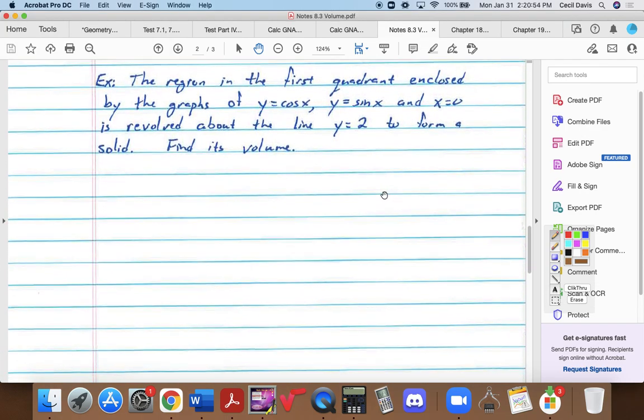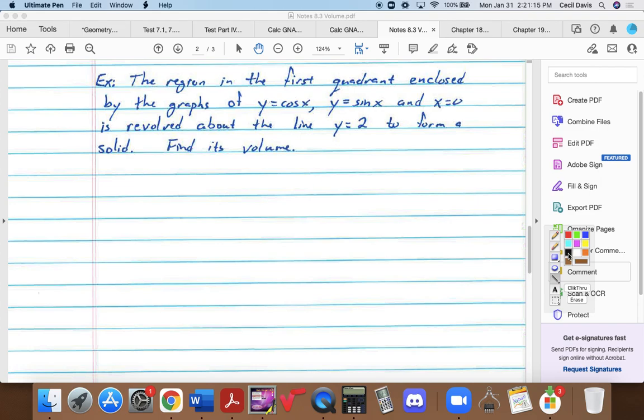So for this one, the region in the first quadrant, enclosed by the graphs of y equals cosine x, y equals sine of x, and x equals 0, is revolved around the line y equals 2 to form a solid. Find its volume.